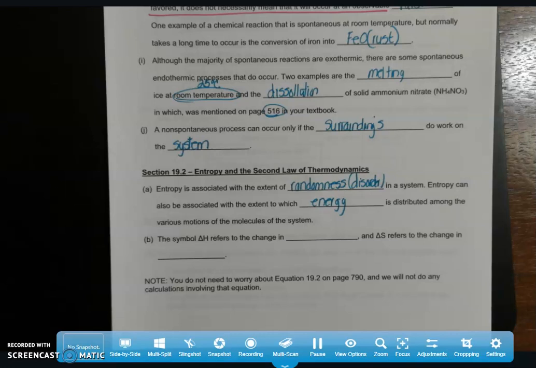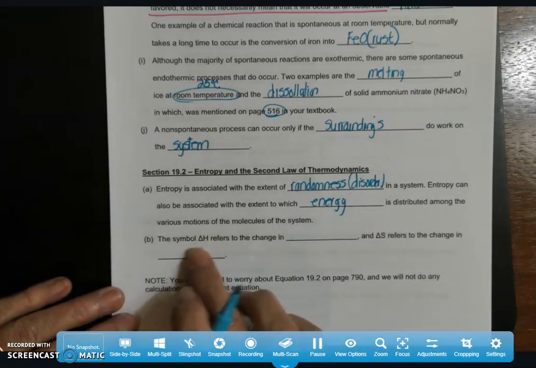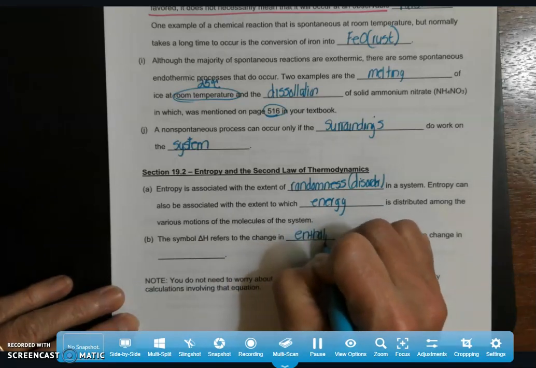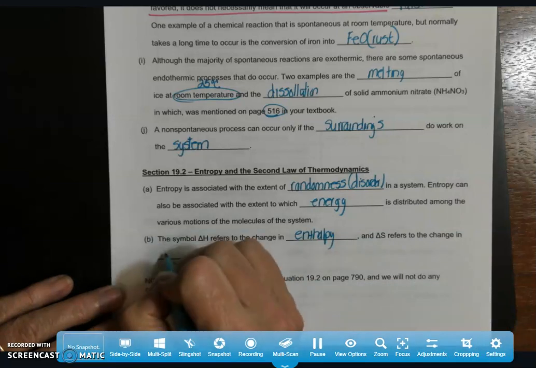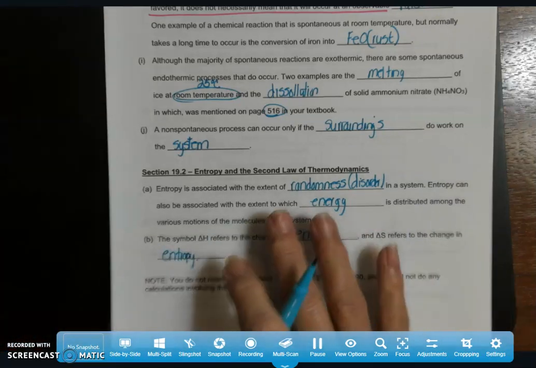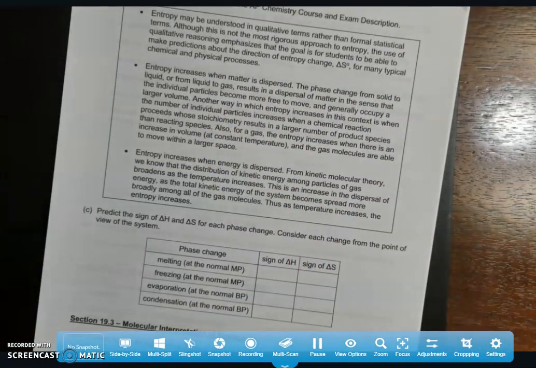Entropy will be a factor in determining spontaneity. Now, delta H, we've already talked about, refers to the change in enthalpy, and delta S refers to the change in entropy. Okay, so how are these going to work together?